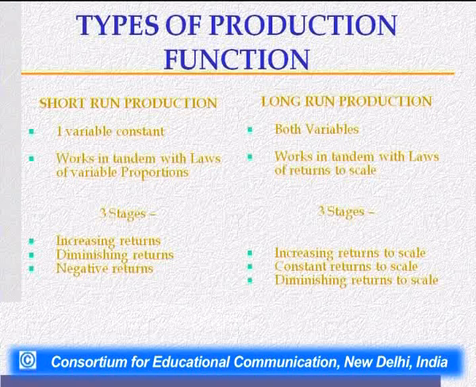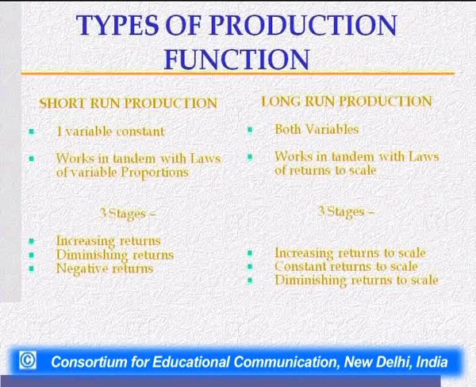In short-run production, one variable is constant, and you can increase only one variable, either capital or labor. We have two variables here, labor and capital, and both are necessary to produce an output. We all know this fact.